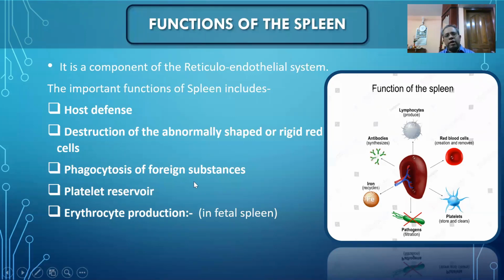It is also a great reservoir of platelets, and erythrocyte production is also possible from the spleen, particularly in the fetal spleen. So these are all important functions of the spleen. For that reason, spleen preservation is required whenever possible, without removing the whole spleen.